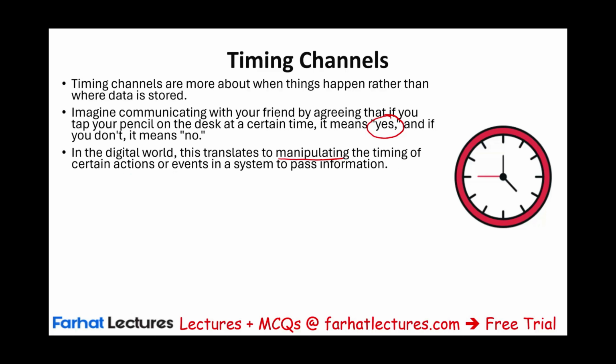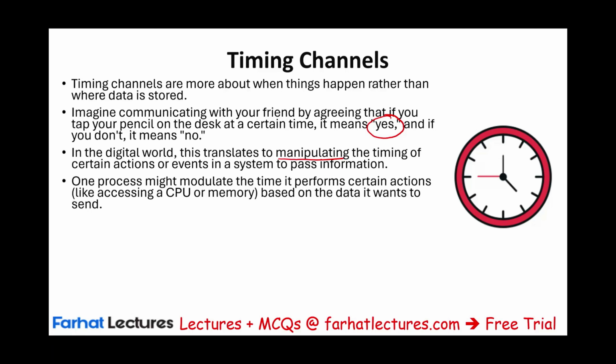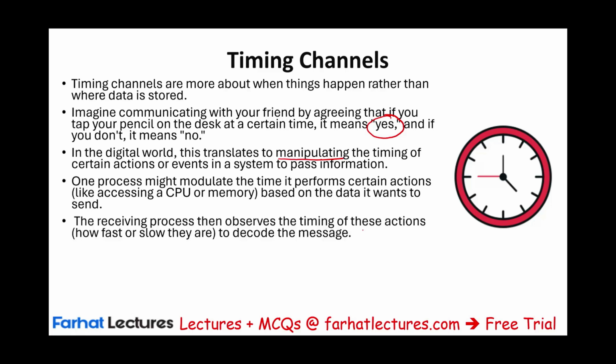So now what you're doing is passing information through how it is processed, through a timing action. One process might modulate the time it performs certain actions based on the data it wants to send. For example, the receiving process observes the timing of these actions, like how fast or how slow they are, to decode a message. So they would look at the speed of the message.